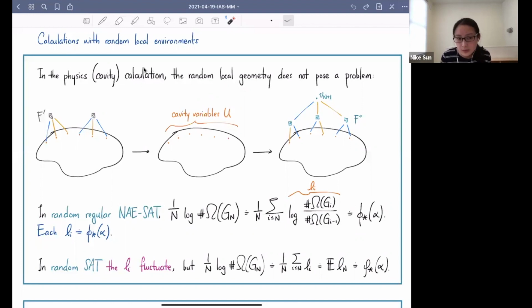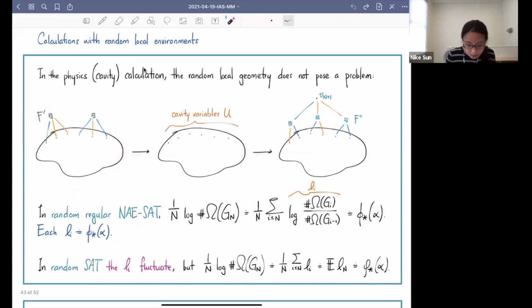And again, it shouldn't really matter if it's random regular not-all-equal SAT or random SAT. In each case, you would do the same type of calculation, which is you start with a graph on n variables, you remove some random clauses, you produce these cavity variables, and then you add back some random clauses to produce the graph on n+1 variables. The particular steps that you're taking depend on the model that you have.